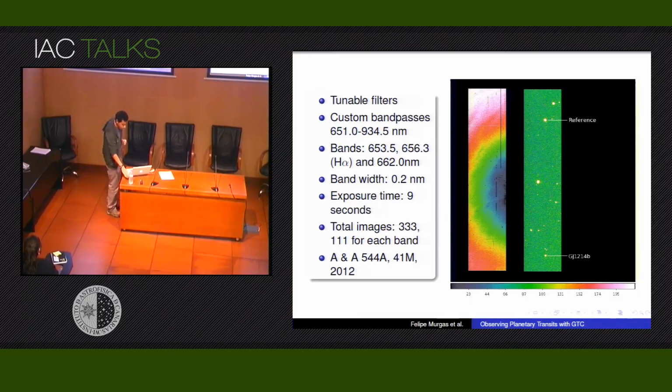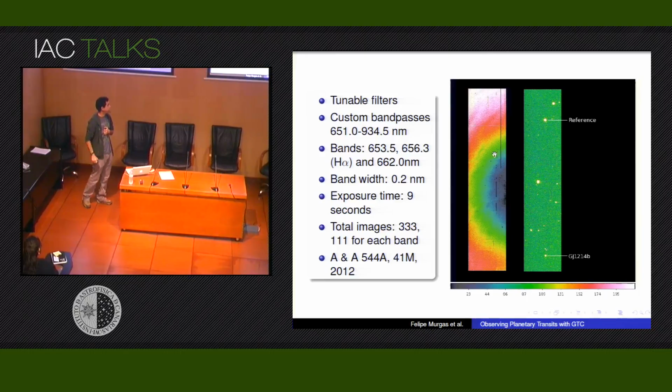Here on the right, I show you one flat image of the tunable filters. I show you this because of the way that the instrument works. You will have rings of equal wavelength increasing from the optical center of OSIRIS.